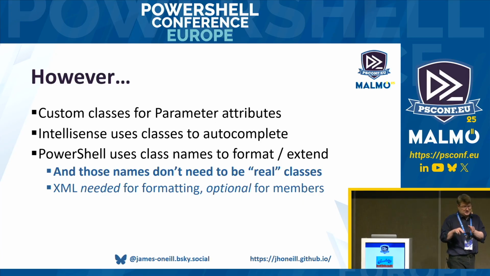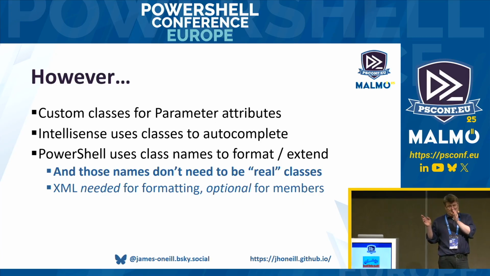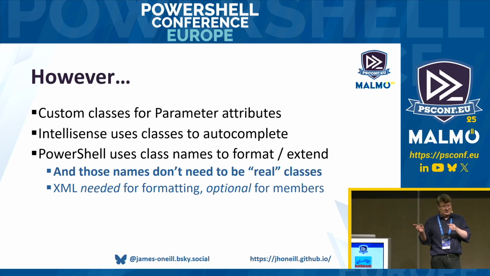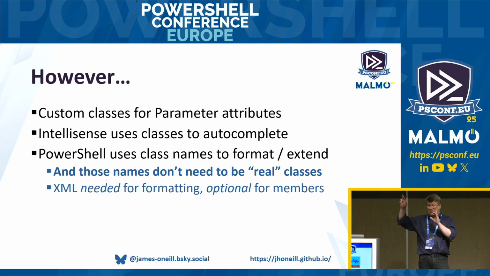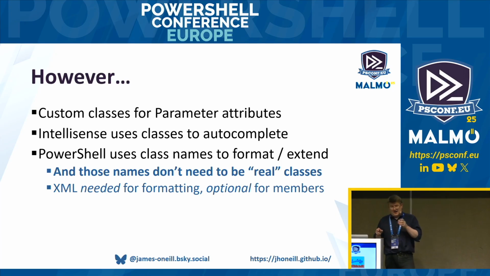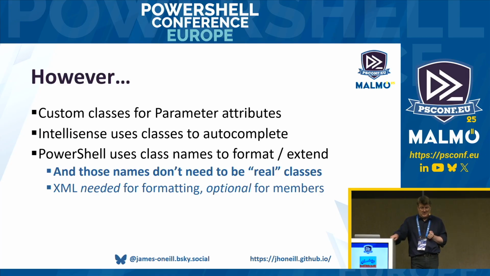And that works because the cmdlet or function that's returning that information says, I am going to return something of this type. Go and look up what the members of that type are and use them for tab completion.